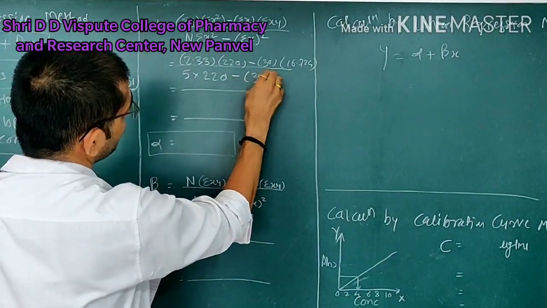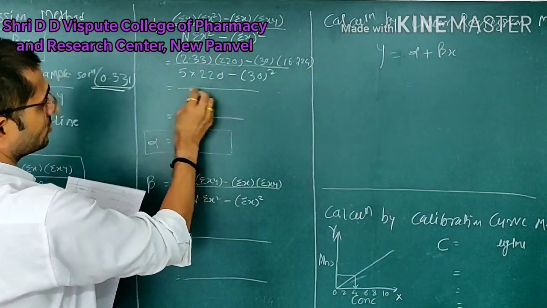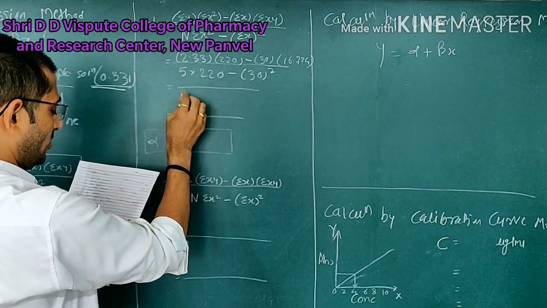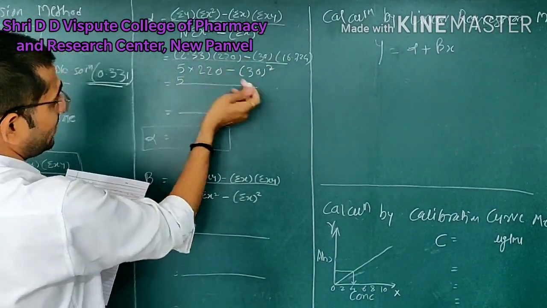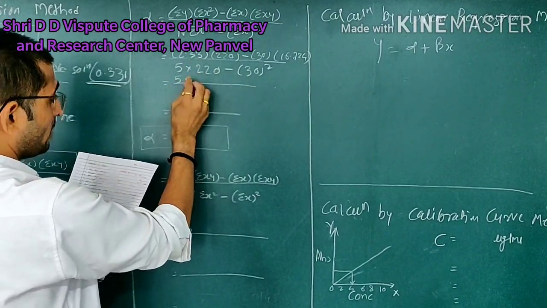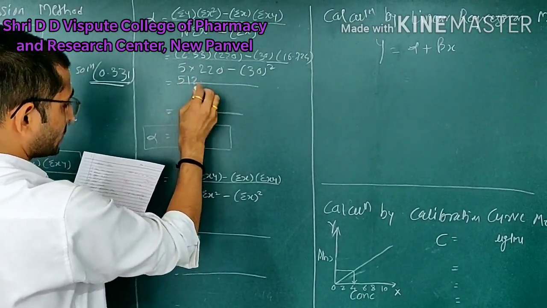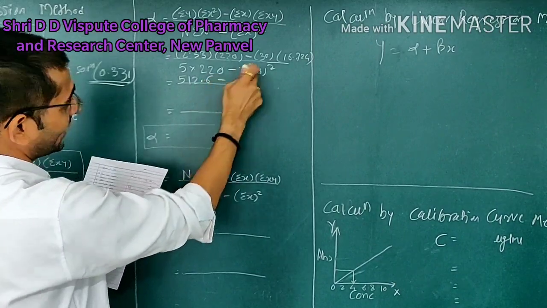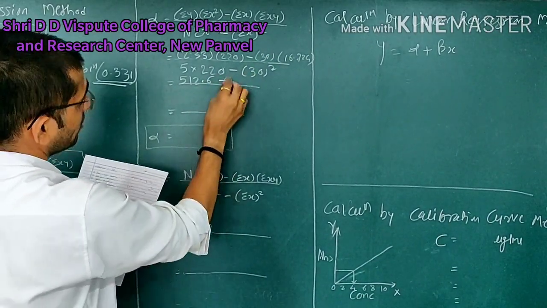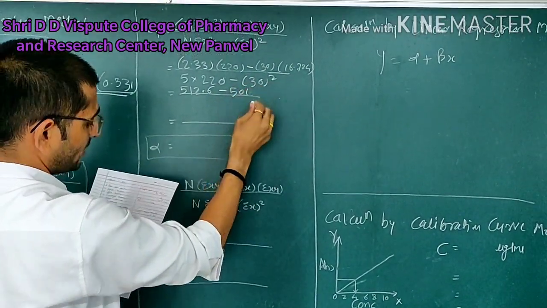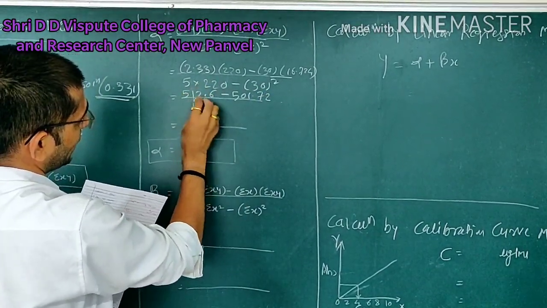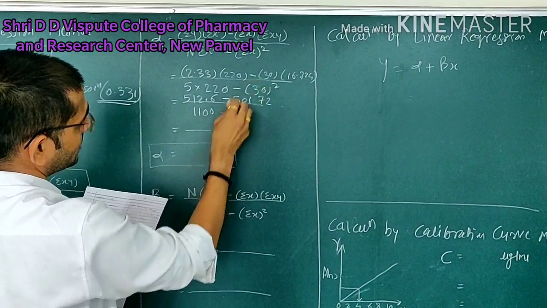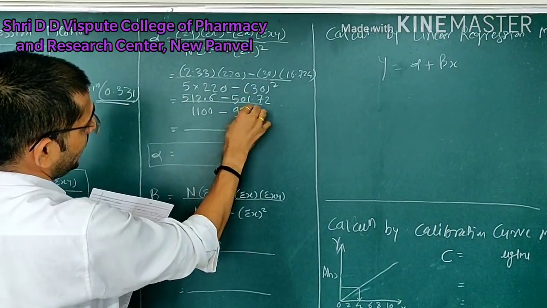So summation of x 30, whole square. So write down the value. First multiply these, then multiply these, then minus. 512.6 minus, multiply this value, 501.72, upon multiply 1100 minus 30 square, that is 900.